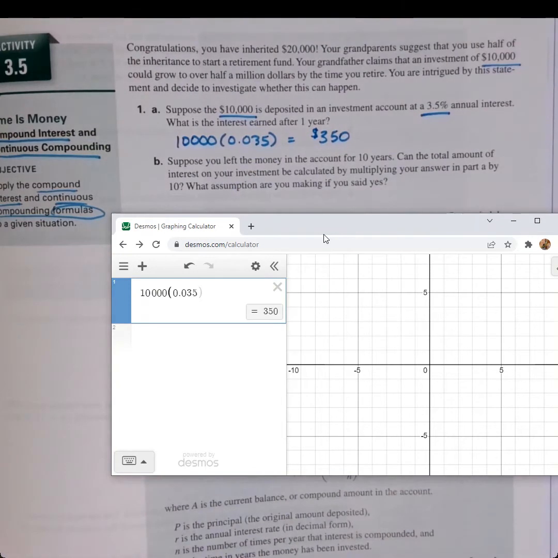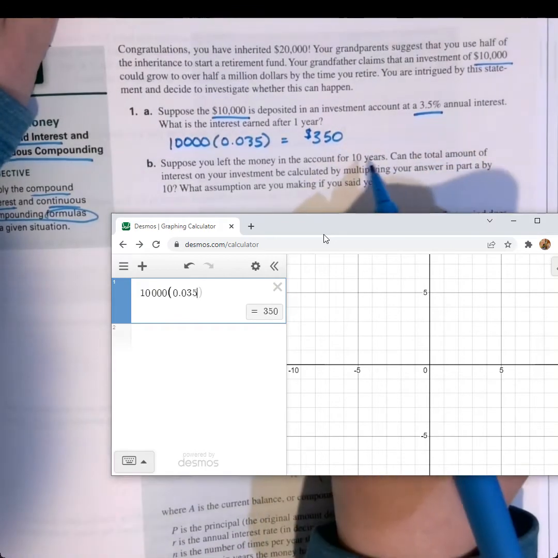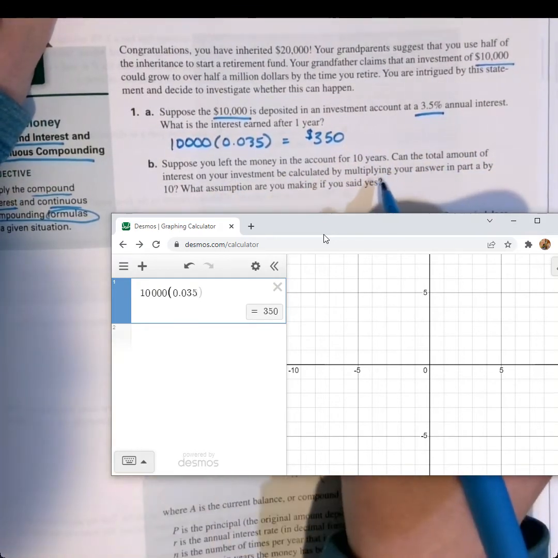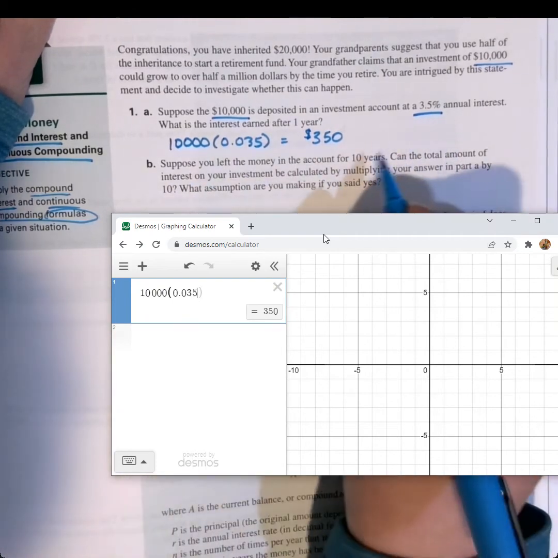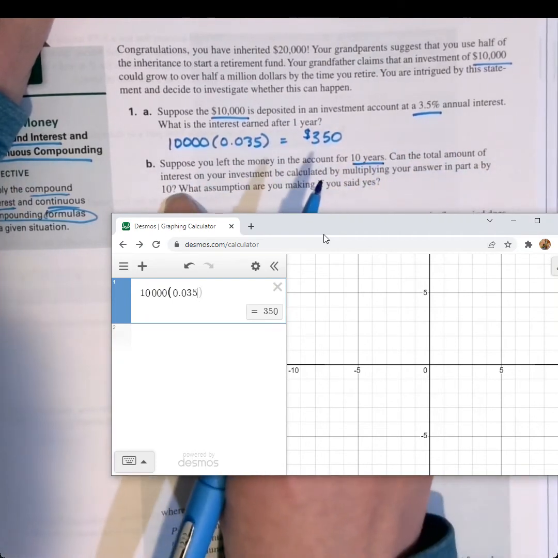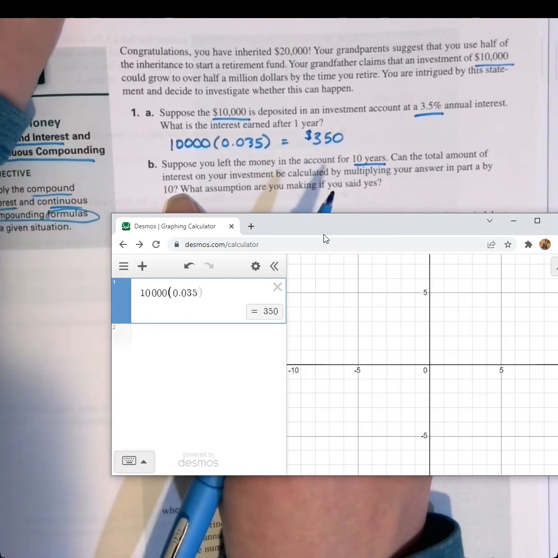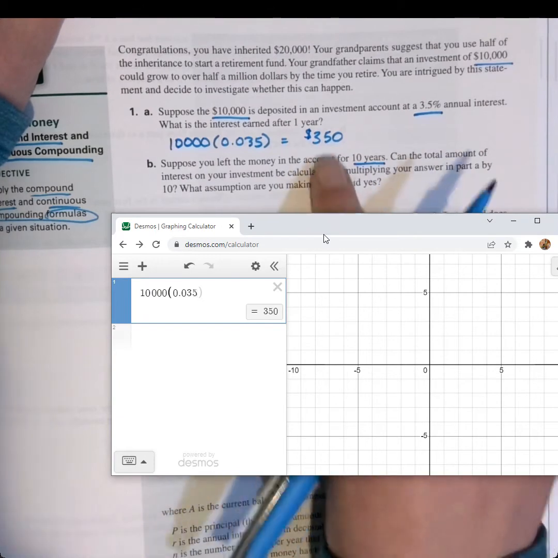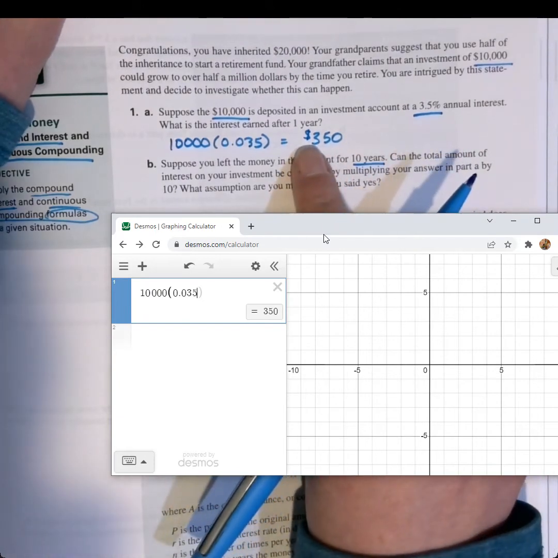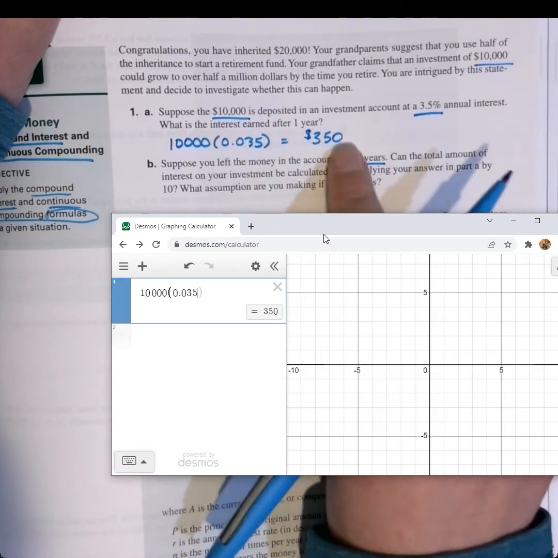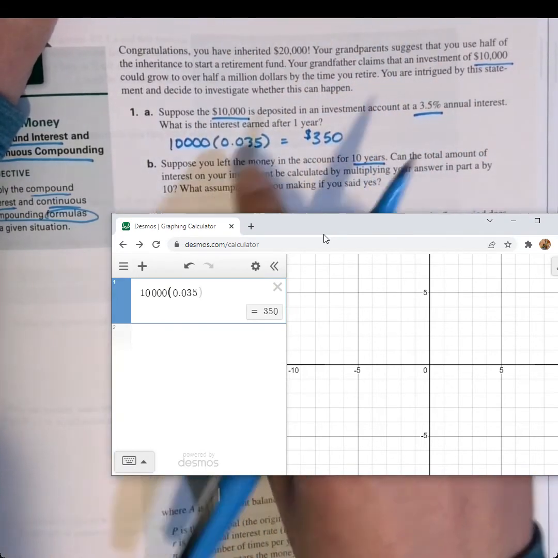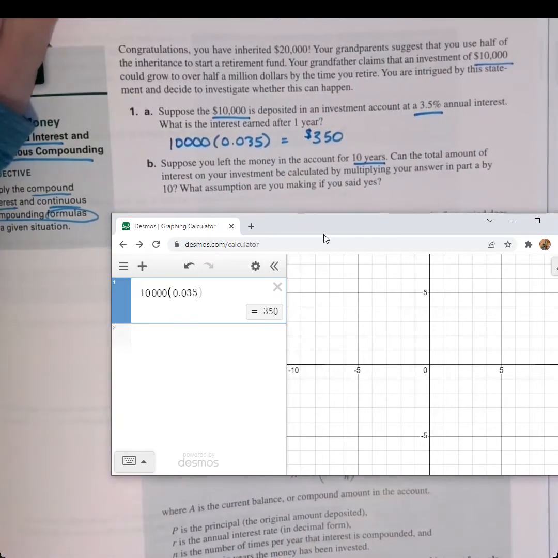Suppose I left the money in the account for 10 years. Can the total amount of interest on the investment be calculated by multiplying my answer from part A by 10? Well, I would say no to that, because usually if you have an investment that you don't touch, the money that you earn goes back into the account, and then you're going to earn interest on that interest for the next year.